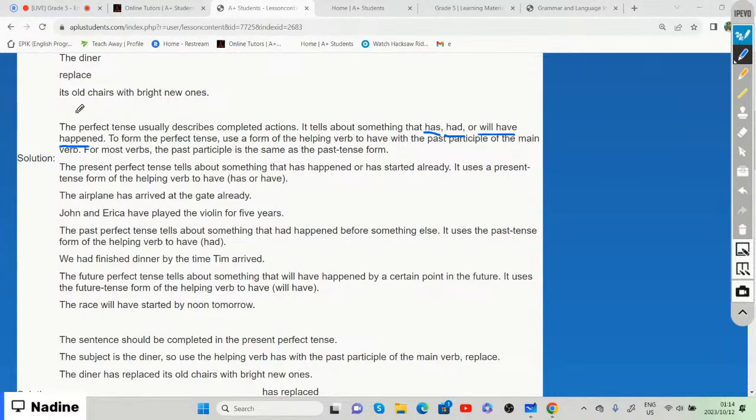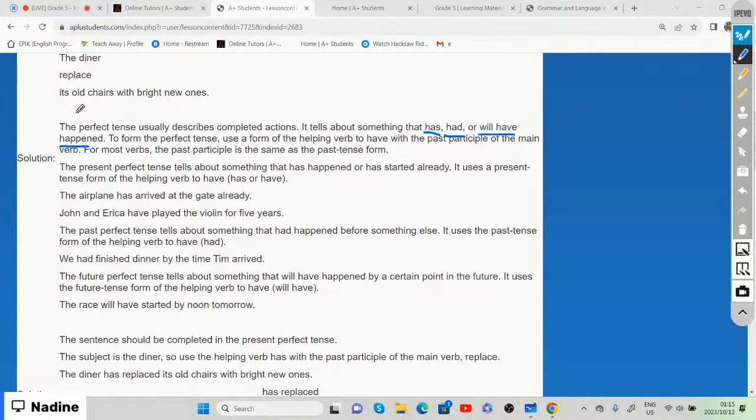To form the perfect verb tense, we use a form of the helping verb to have with the past participle of the main verb. And for most verbs, the past participle is the same as the past tense form.